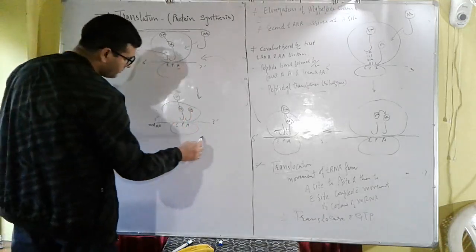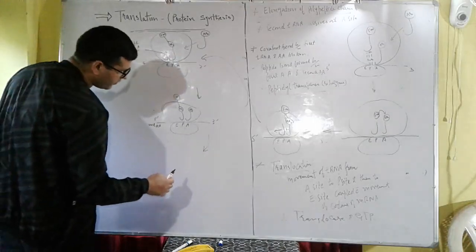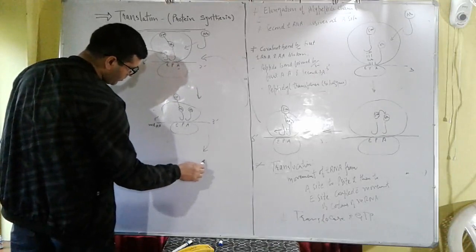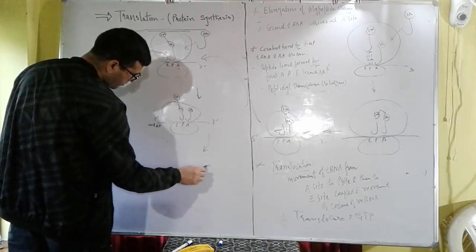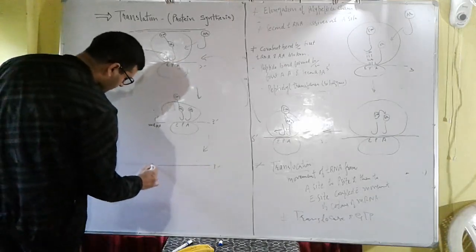and in this way the polypeptide chain grows. It would be like this. 3' 5'.